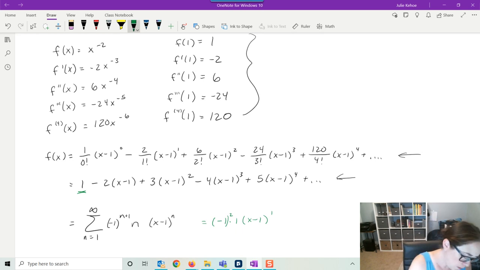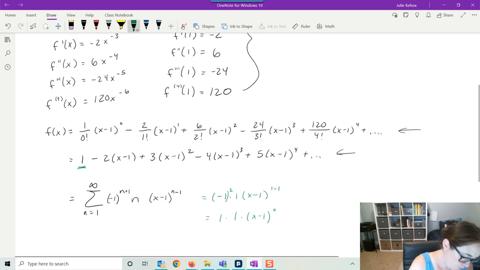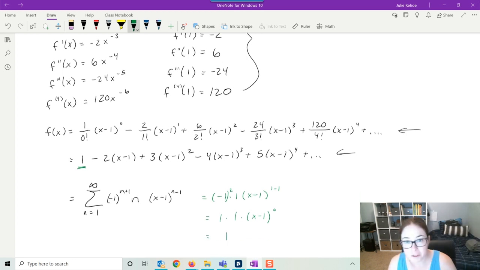So I really need to subtract 1 from that exponent to make that a 0 power to match my first term. So I'm going to make an adjustment to the exponent on my x minus 1 so that it's n minus 1. And now when I simplify this, I get 1 times x minus 1 to the 0, which is just 1. And I'm feeling pretty good about this.